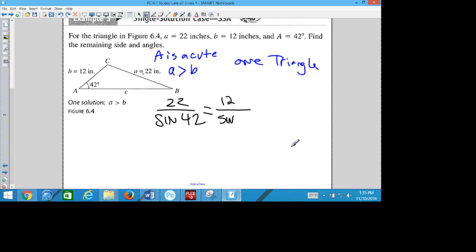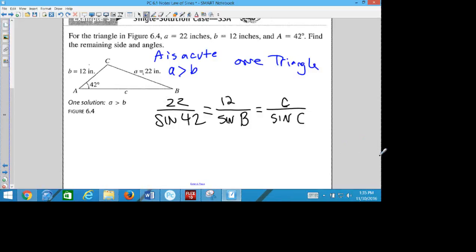All missing pieces. I just know that A is acute. And then for C, we don't know C, and we also don't know angle C, so we'll do sine of C.